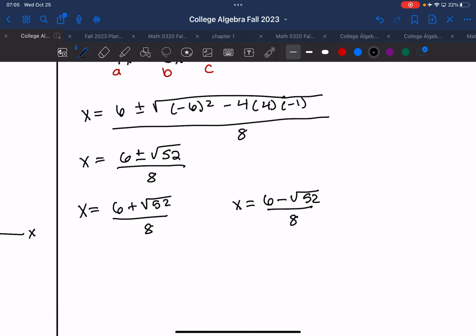So that means we're going to get two decimal answers here. The first one, you should have got x is equal to 2.55 and x is equal to -1.05. Is that the same as everyone else? I got 1.65. Let me check.